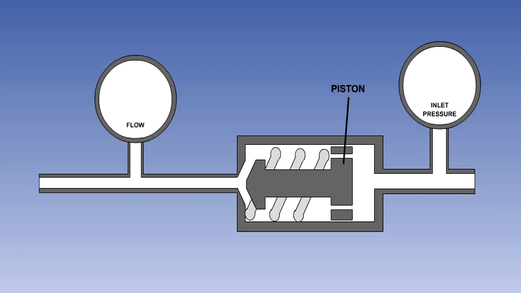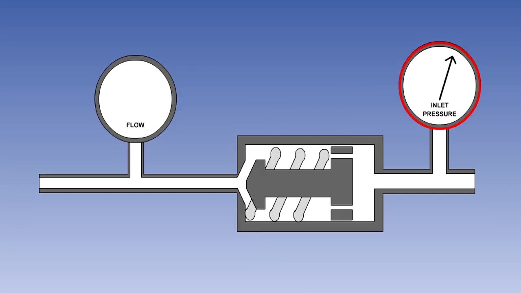It has a piston with a number of holes in it, through which fluid can freely flow. The piston controls the position of a variable orifice valve. Inlet pressure is felt on one side of the piston, with a spring pushing on the other.